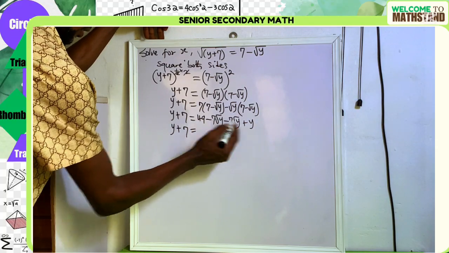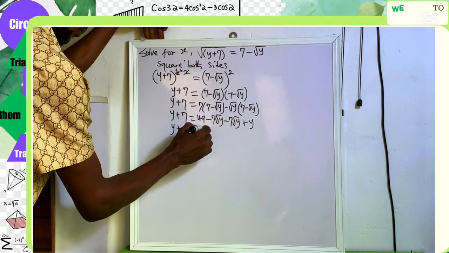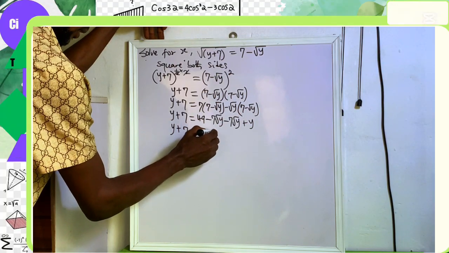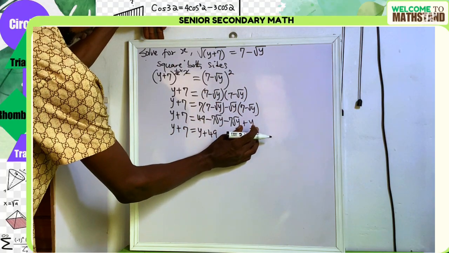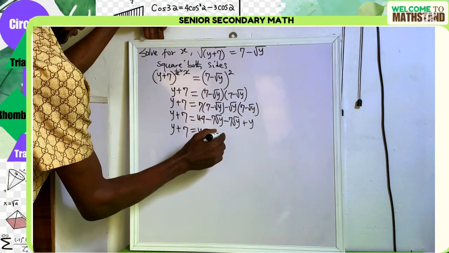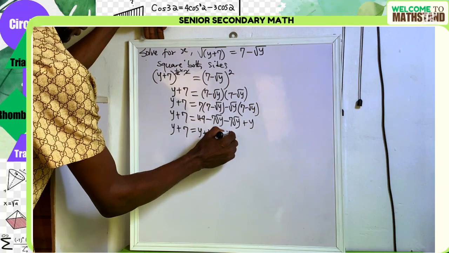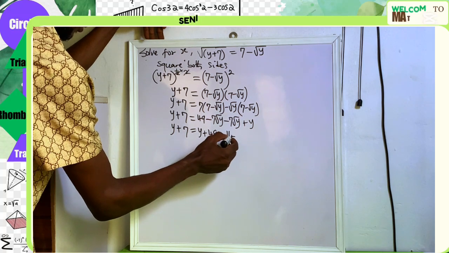So collect the rational. So we have y plus what? y plus 49. Then minus 7, so y minus 7, that will be minus 14. That's minus 7 minus 7 is minus 14.